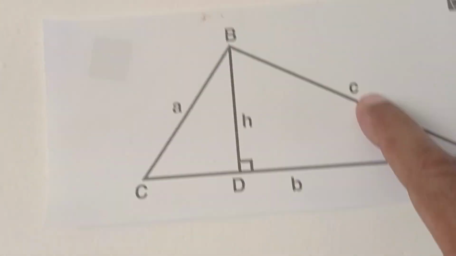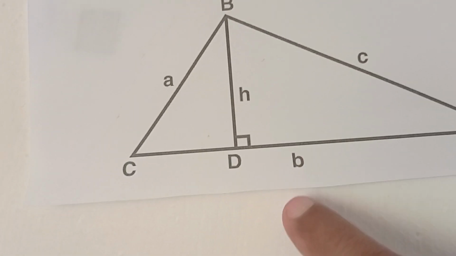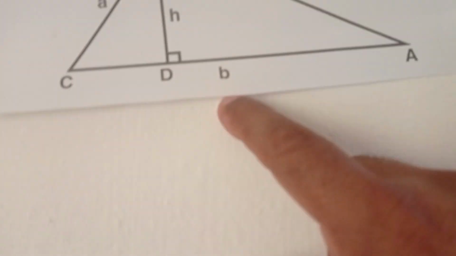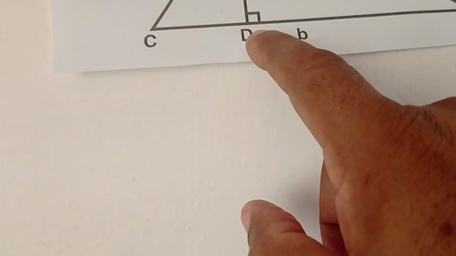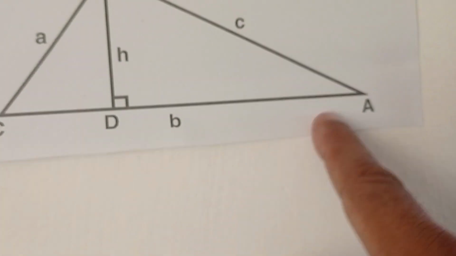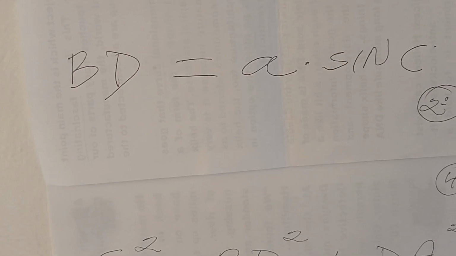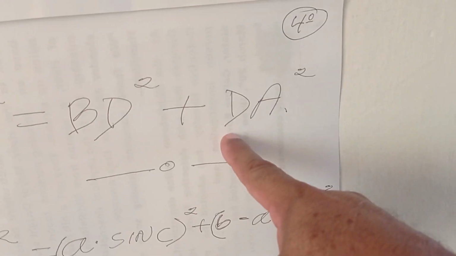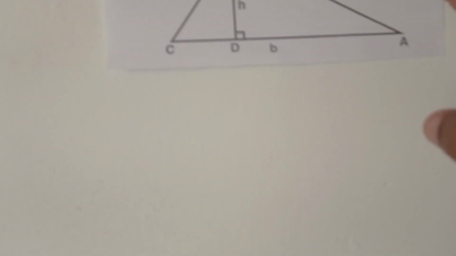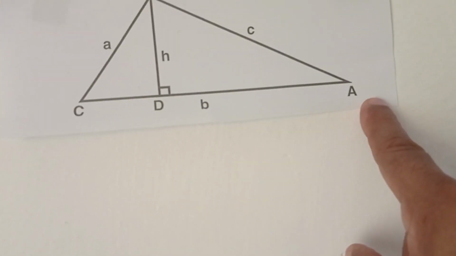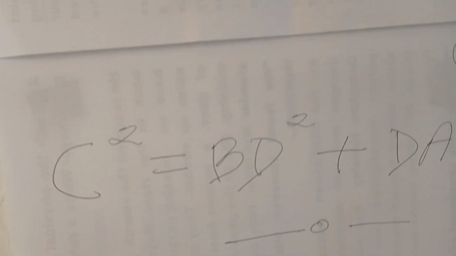Again, C squared equals BD squared plus DA squared.